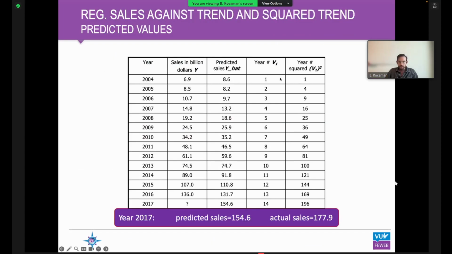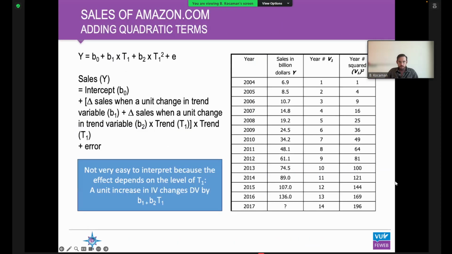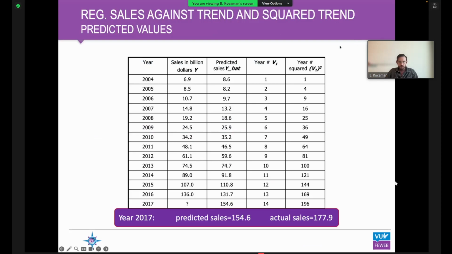So based on this, we can also get the predicted sales. This is basically plugging in the numbers based on this equation and the coefficients we estimated. You can get the values for all of the years. I think they are not added here. But eventually, sorry, they're here.